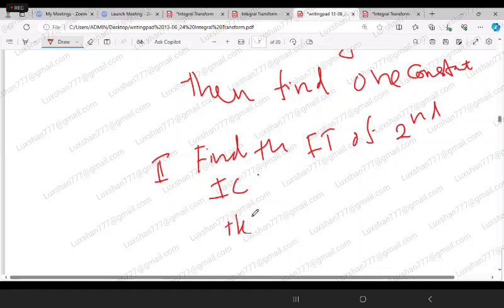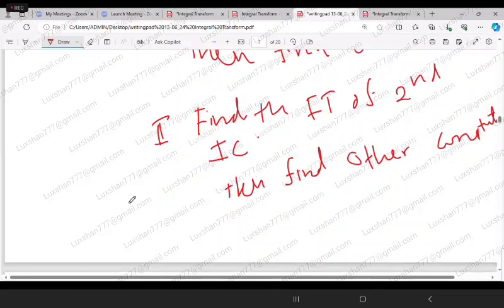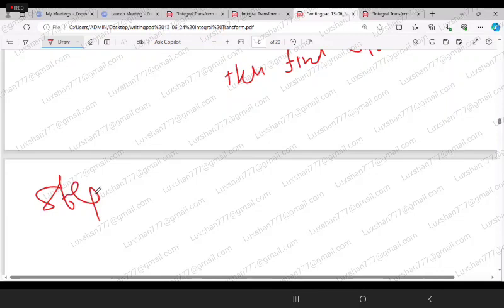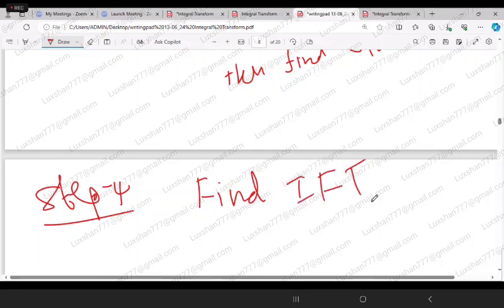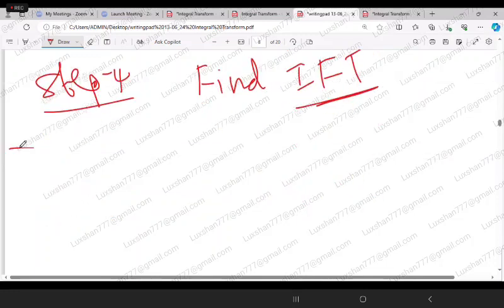Then find the other constant. Last step, step number 4: find the inverse Fourier transform. Okay, now we'll do this one.